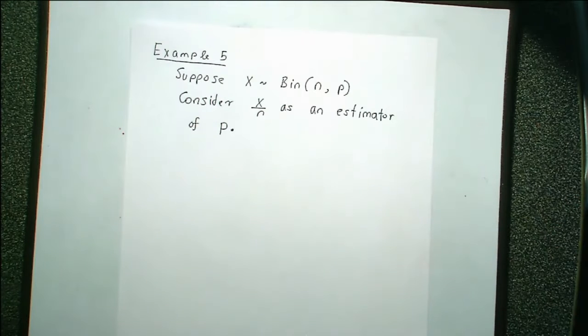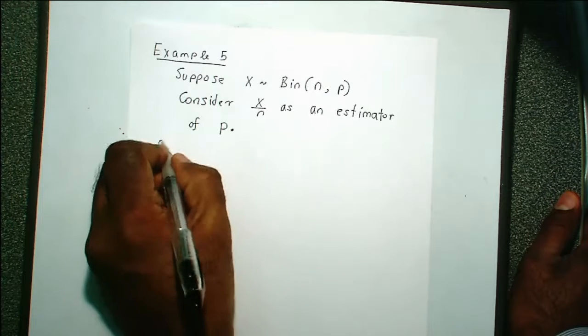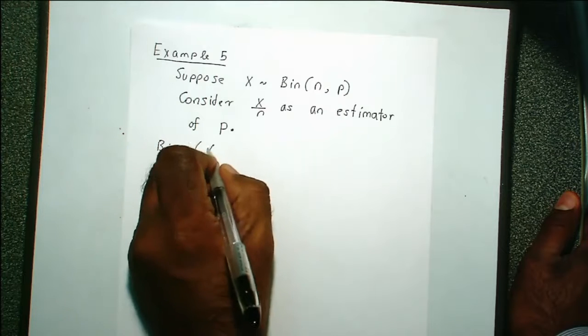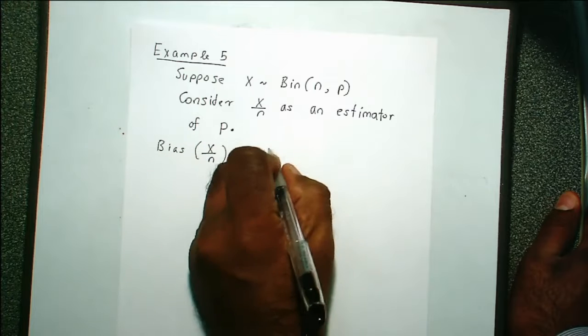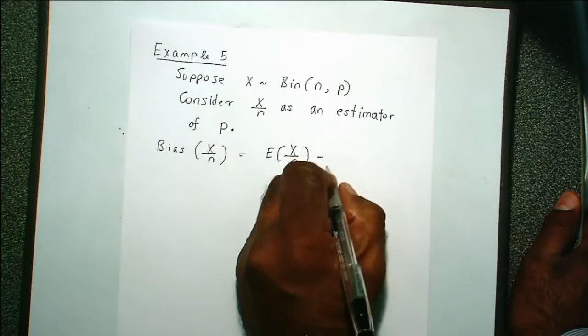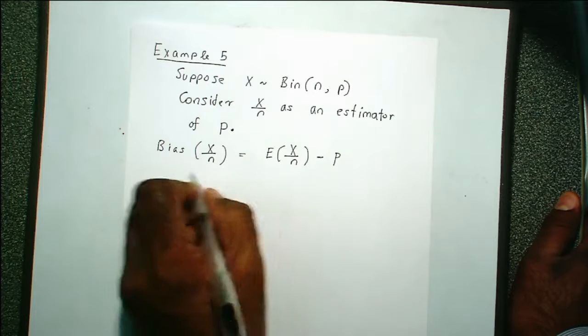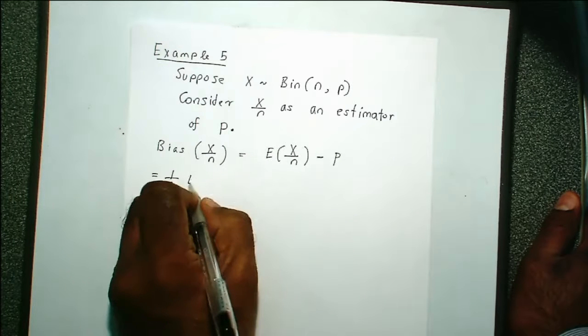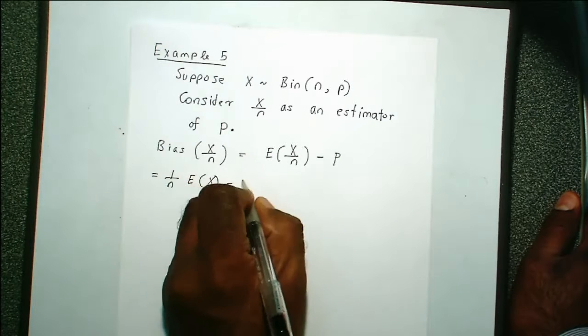All right, so here you have a binomial distribution. X has a binomial distribution with parameters n and p, and we consider x divided by n as an estimator for p. The first thing we want to work out is the bias of x over n, which is 1 over n times the expectation of x, minus p.